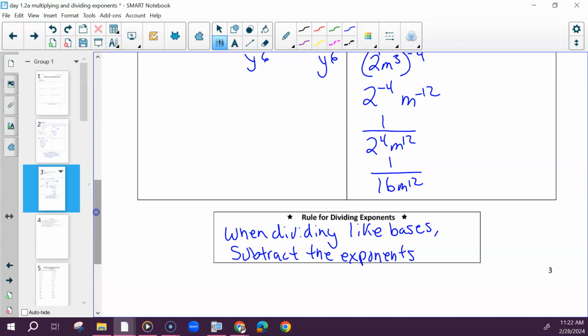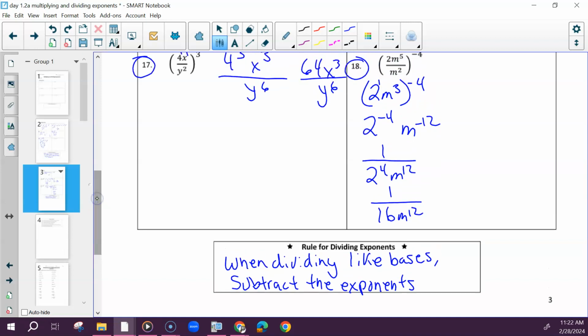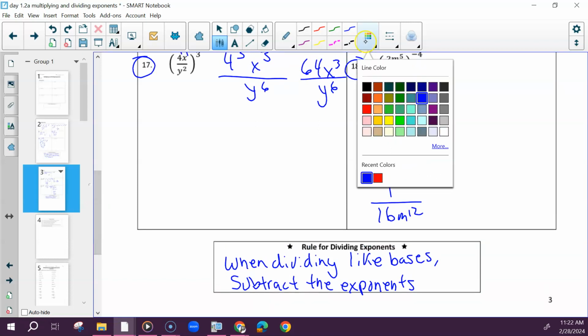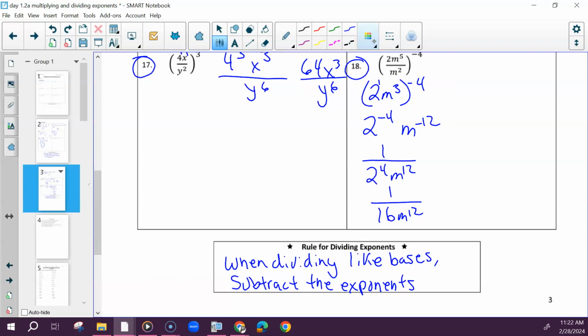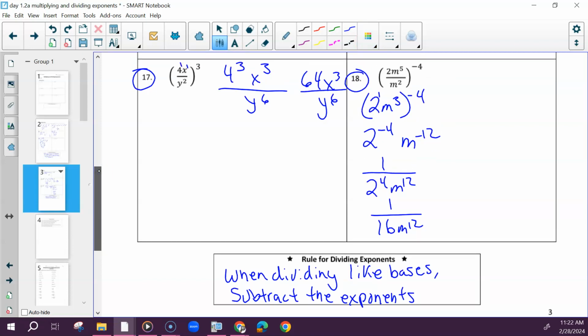I'm going to show you that the other way would work, and then if you guys have any questions, you'll have some time to practice, and then we'll come back and move on. So let's say I apply the negative exponent to everything. You could also take the whole thing and flip it and make the exponent positive, but that gets a little messy. So let's say I applied the exponent to everything, so 2 to the -4, m to the -20th, over m to the -8.